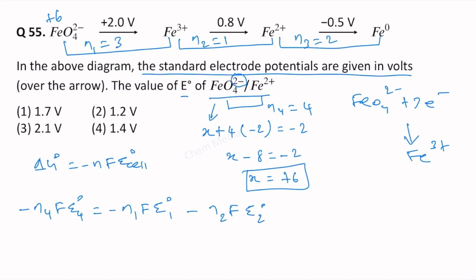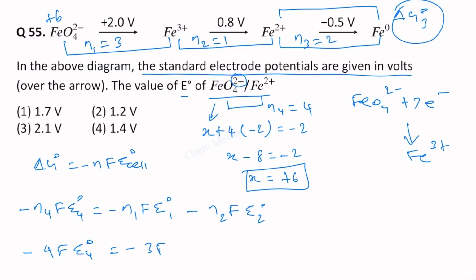By the way, we don't need to involve delta G3 standard here, because the question is asking +6 to +2 oxidation state, what is the E cell value? Therefore we don't need to involve this process. Therefore n4 value is 4, because it requires 4 moles of electrons, times F times E4 standard is equal to minus 3 times F times E1 standard value, which is given as 2 volts.